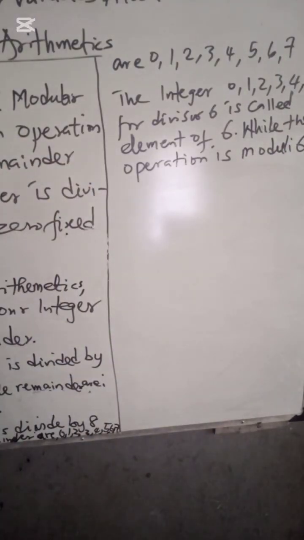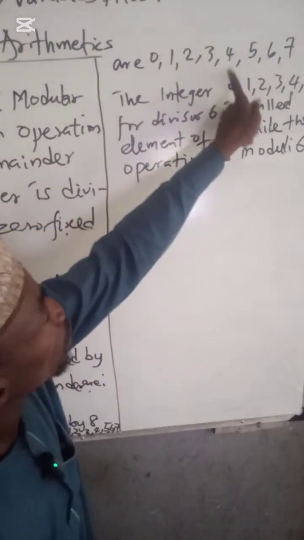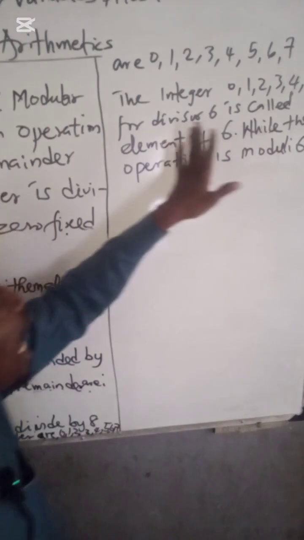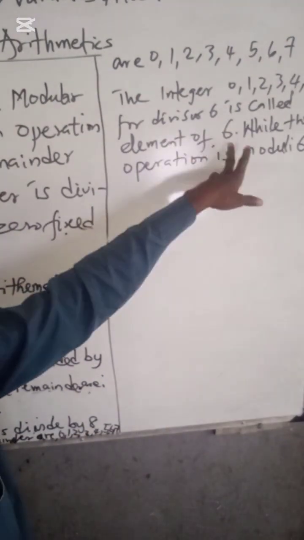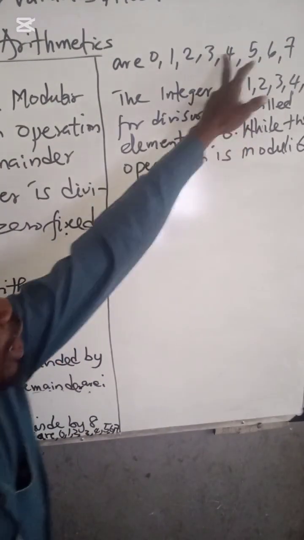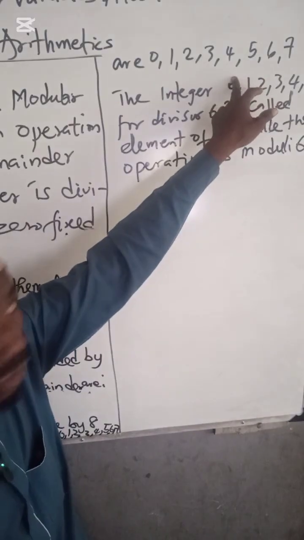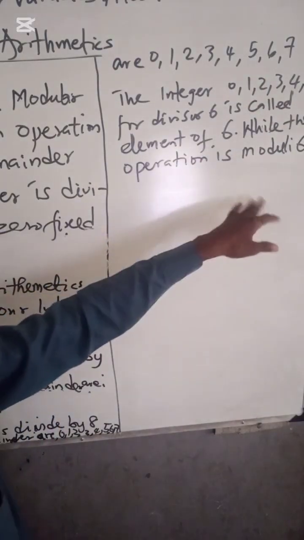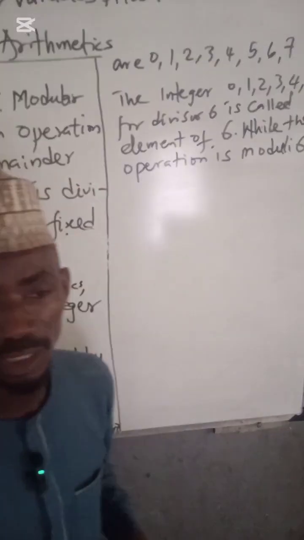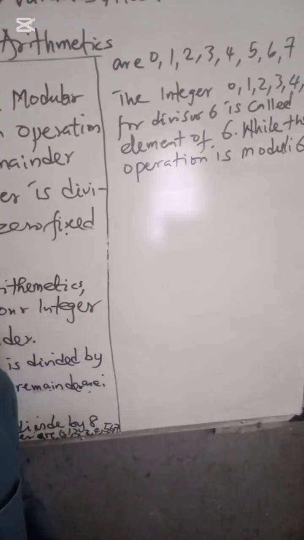So also for 8, the integers 0, 1, 2, 3, 4, 5, 6, 7 are all elements of divisor 8, because the operation is modular 8. I think we're getting it.